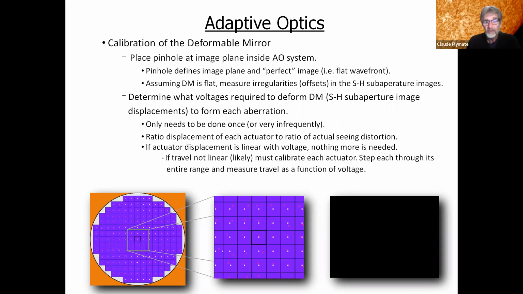Now, all that sounds like a lot of math. It actually is, but it's simple math, and computers are exceedingly fast and can do all those calculations necessary in real time to keep up with the incoming wavefront distortion.